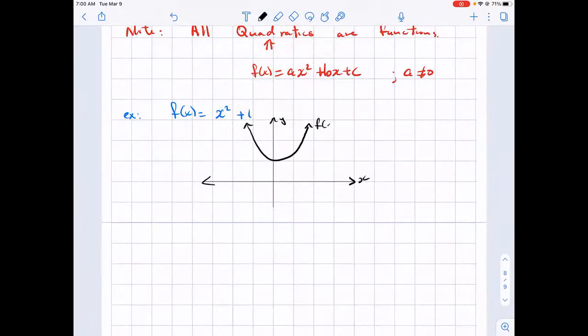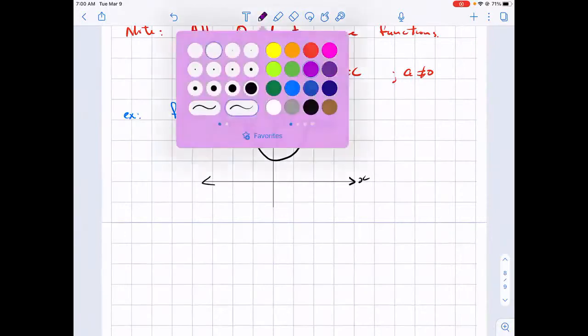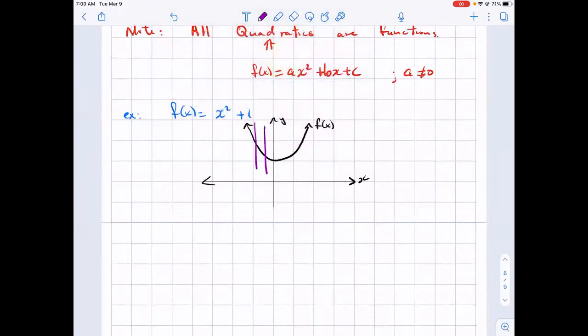Okay, this is f of x. And you will see that if you draw vertical lines, that it is a function. Okay, this is a function. Yeah, all quadratics are functions.